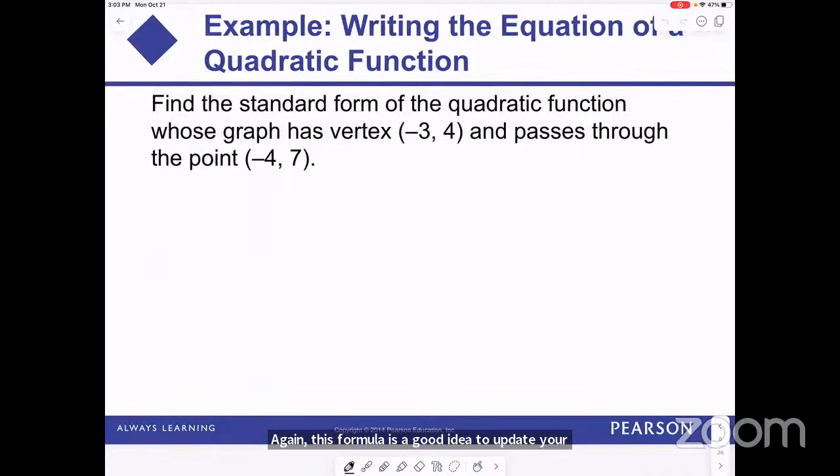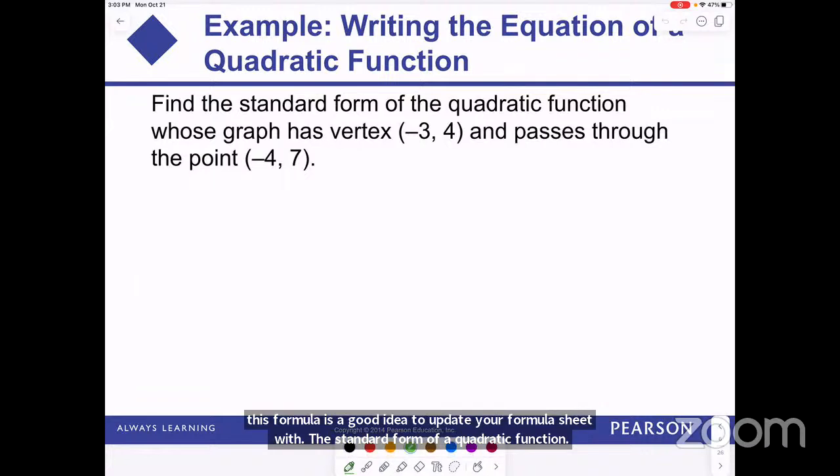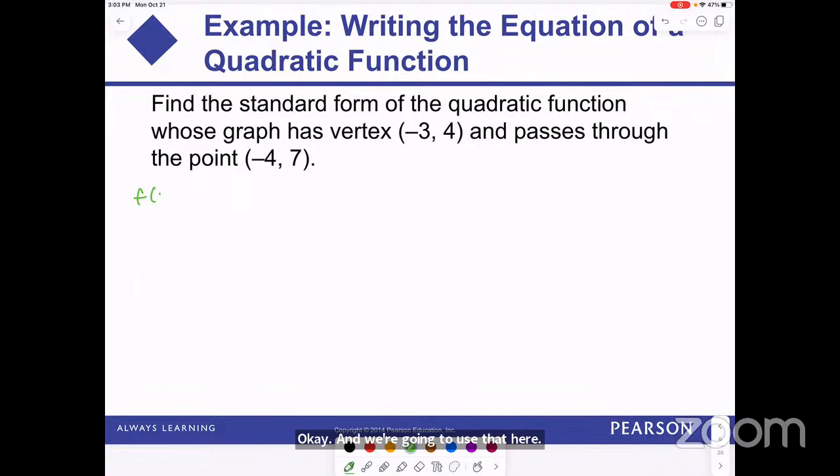We're going to use that here: a times x minus h quantity squared plus k. The vertex is our h comma k, and the point on the graph is our x and our y. If we plug those in, we don't have any information on a just yet.